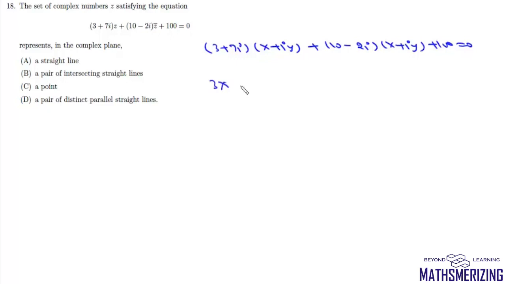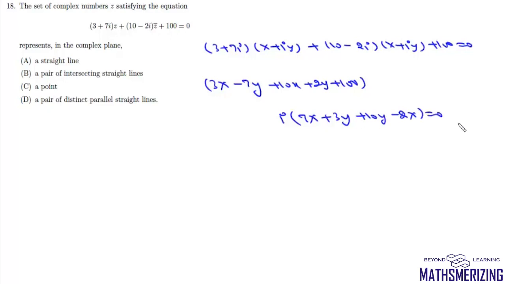Its real part will be 3x minus 7y, and here it will be 10x plus 2y plus 100, and then its imaginary part will be 7x plus 3y plus 10y minus 2x equals 0. So we'll get this condition as 13x minus 5y plus 100 plus iota (5x plus 13y) equals 0.